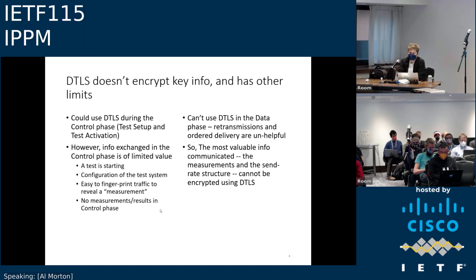There's no results there in the control phase. When we talked back and forth with Roman, it's really the measurement results and the send rate structure that is the critical information that's exposed. So DTLS doesn't help with that. We can only use it during the control phase. The retransmissions and ordered delivery it has are not really helpful in the control phase. In the data phase, the most valuable information is communicated where DTLS can't help us. So we're not going to do this. That's our choice right now.